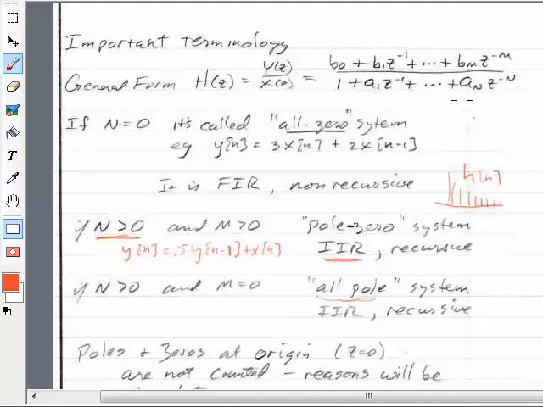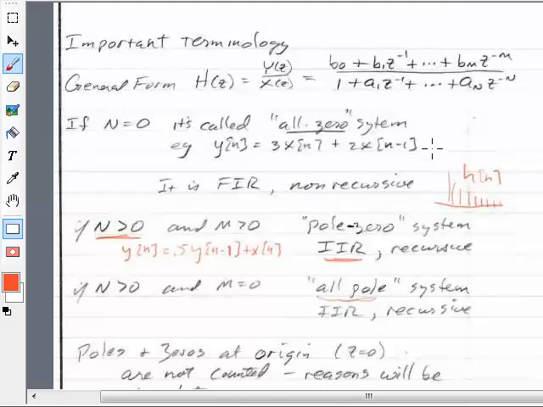There's no poles, only a numerator, called an all-zero system. There's an example: y of n is equal to 3x of n plus 2x of n minus 1. It's completely feed-forward. There are no feedback terms. And as we discussed earlier, this is a finite impulse response or non-recursive system.